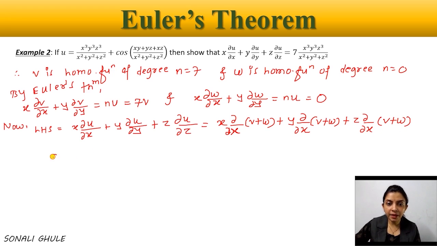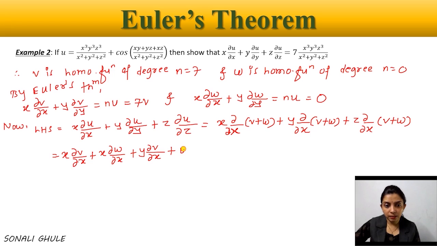Now I can separate the derivative. So I can write x ∂v/∂x plus x ∂w/∂x plus, here also separate the term, y ∂v/∂y plus y ∂w/∂y, not w, this should be y, plus now here z ∂v/∂z.